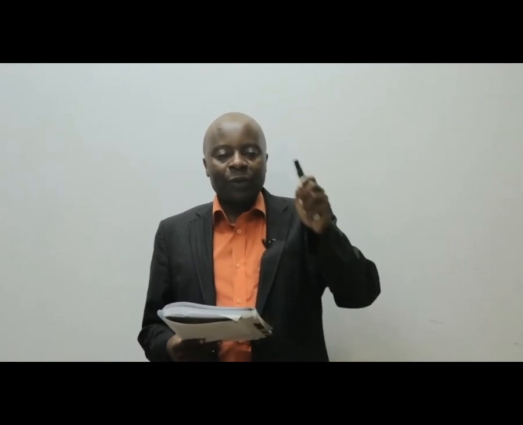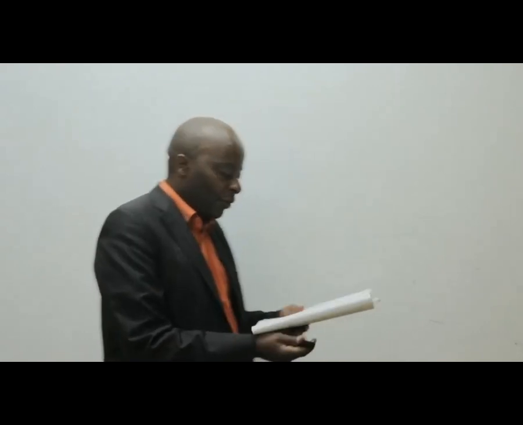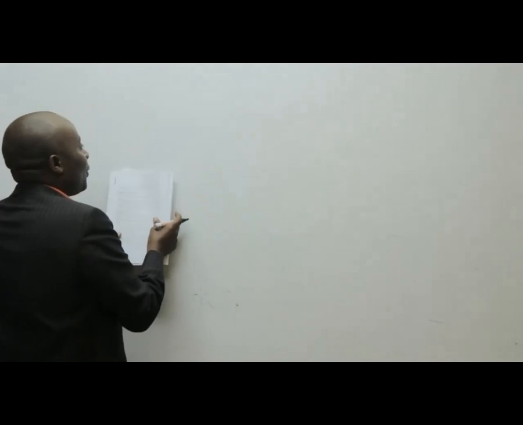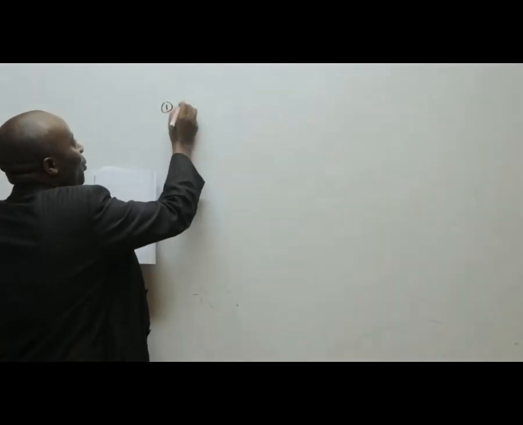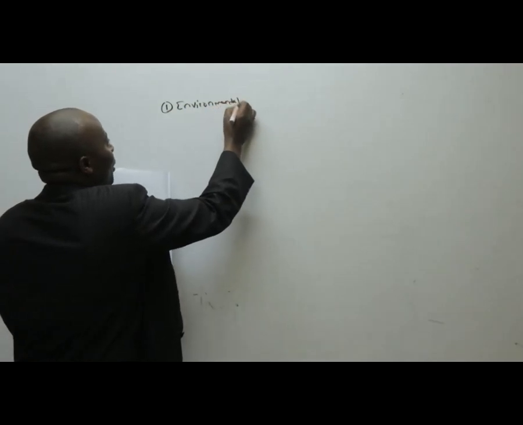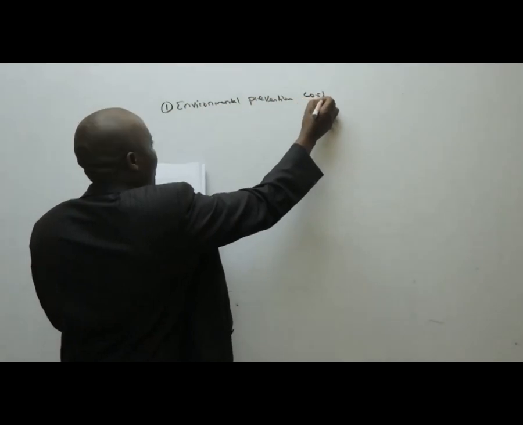The 4 types of environmental costs that should be reported. Do you know them? The 4 types of costs that should be reported in an environmental cost report. Yes, so we have number 1, we must talk about the environmental prevention costs that we incurred, right?